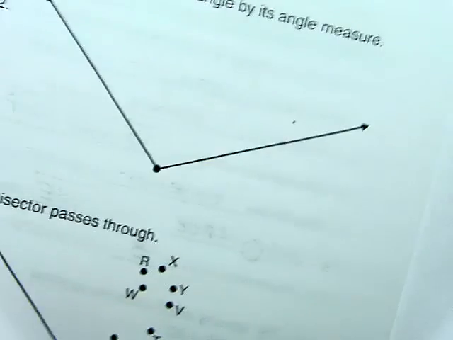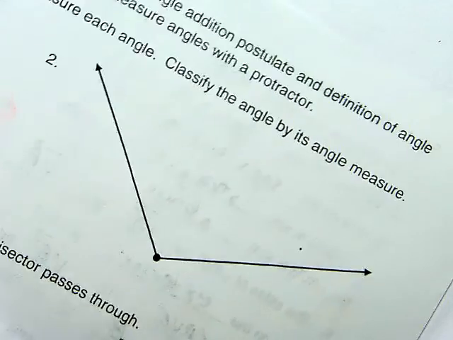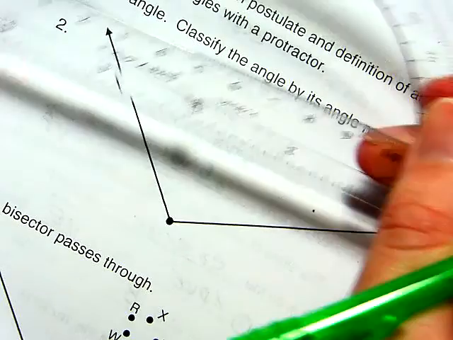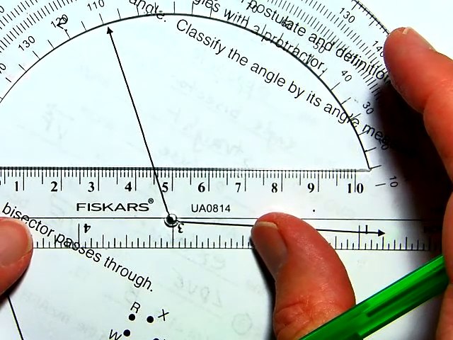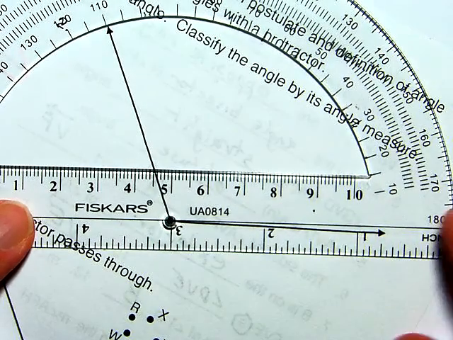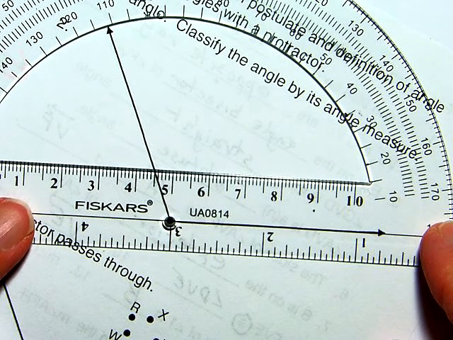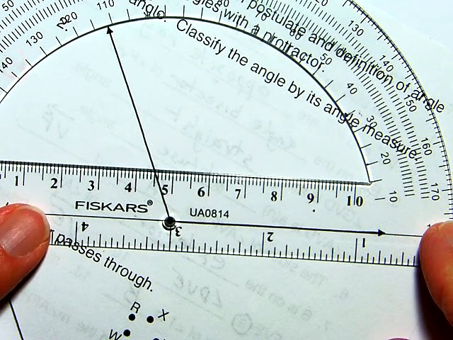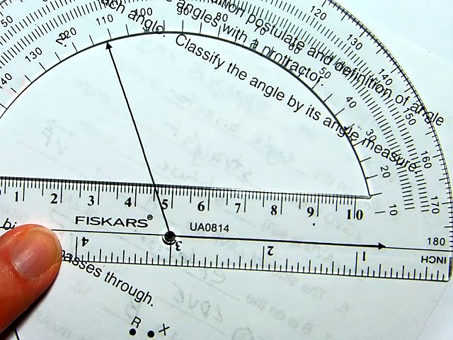Let's look at our next angle. Let's go ahead and line up the protractor. So let's put our protractor so that the origin goes over the vertex of the angle. And now let us rotate the protractor around so that the baseline of the protractor is right on top of the side of the angle.